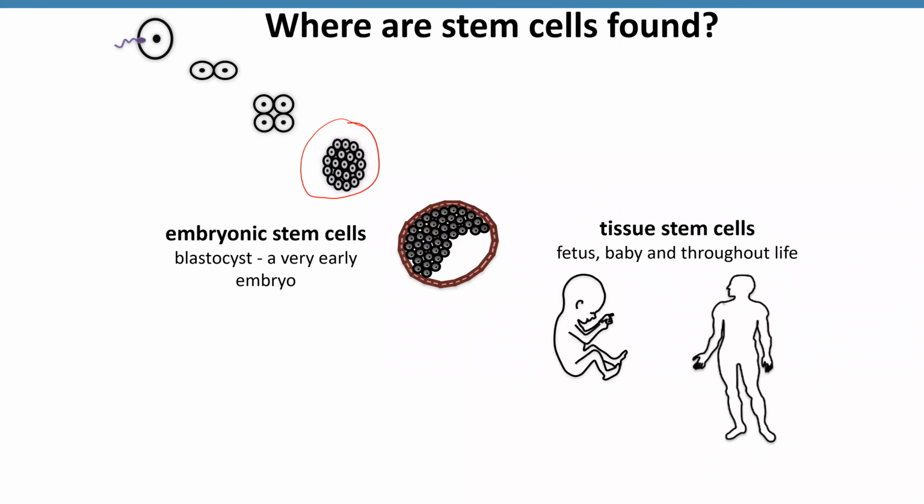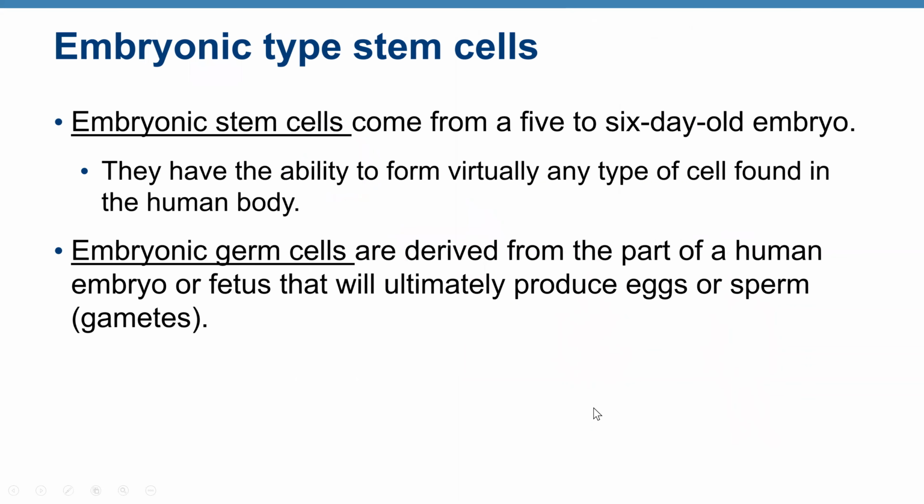Then we have tissue or adult stem cells over here, found in a fetus, in a baby, and throughout life. And induced pluripotent stem cells come from regular differentiated tissue cells that can be reversed back to their pluripotent form.